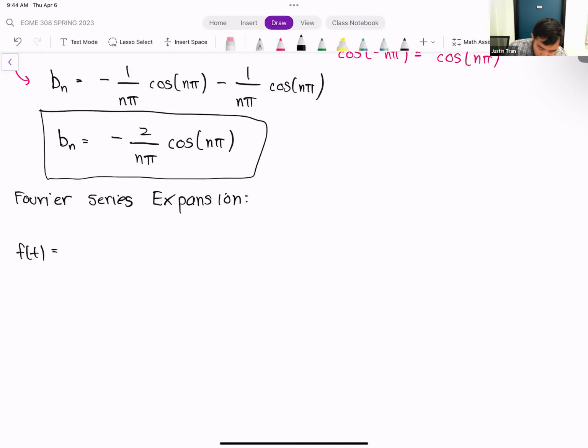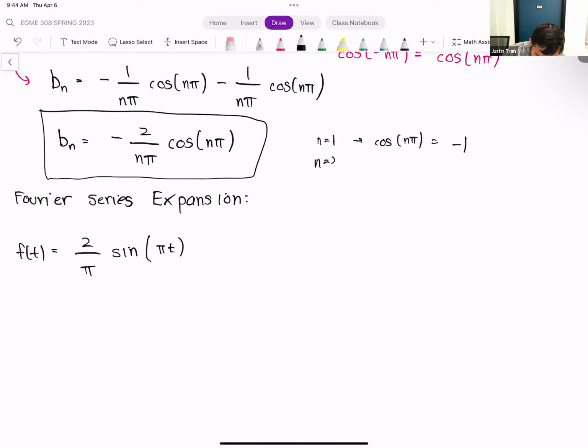For n equal to 1, we know that cosine of n pi is equal to minus 1. So our first term of this expansion is 2 over pi, because the minus signs are going to cancel out, sine of pi t.